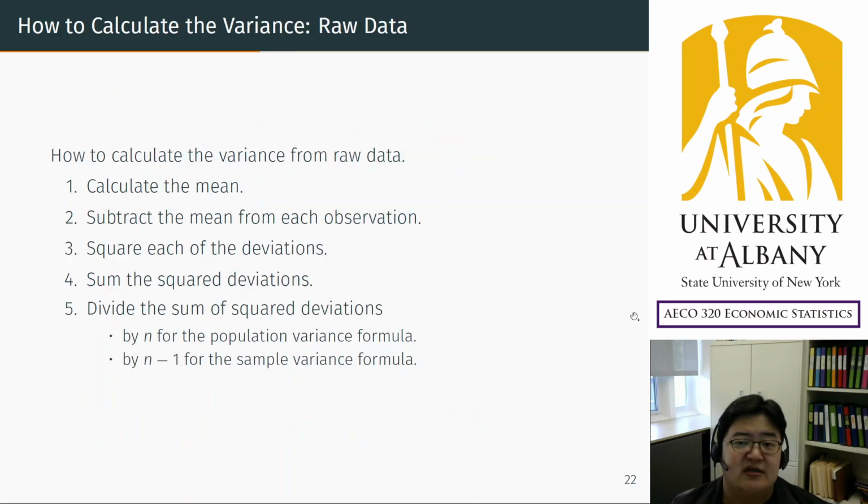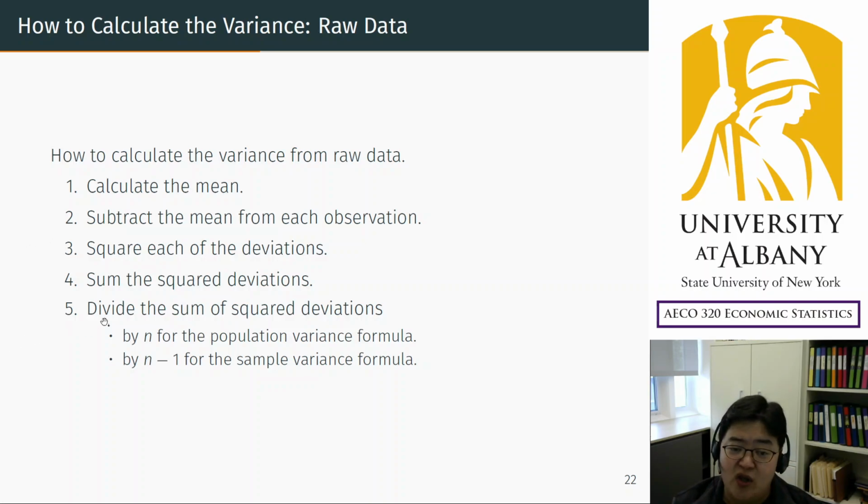To summarize, when you have raw data, you calculate the variance following these steps. First, you calculate the mean, which is the center. Fix the center first, and then subtract the mean from each observation to calculate the deviations. Then square the deviations, and then sum and divide by n.